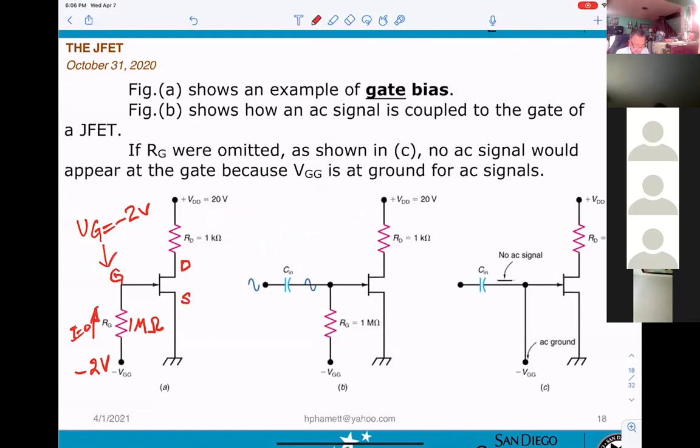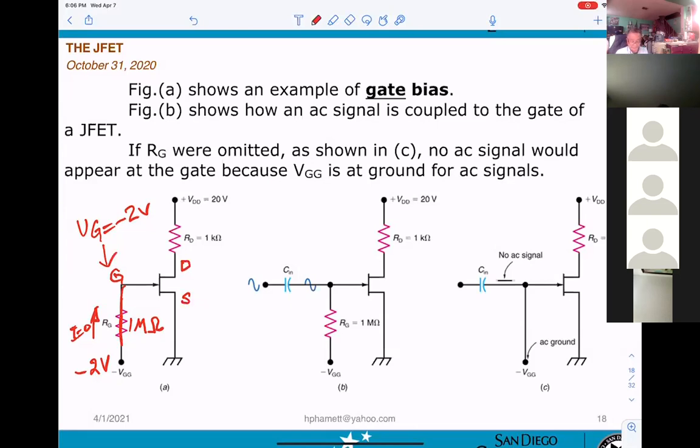So that's why VG is the same as VGG. But someone might ask, how come we don't need that RG? You see that, VG still equals VGG. It still does, but it does not work that way.